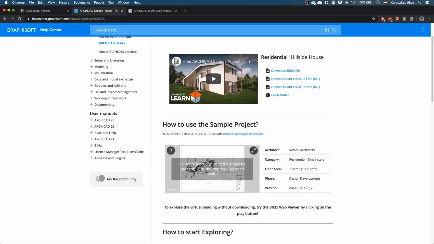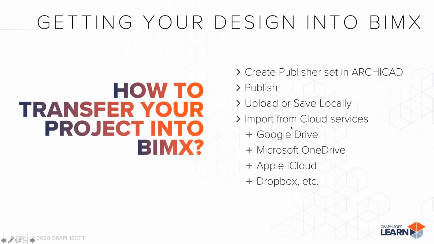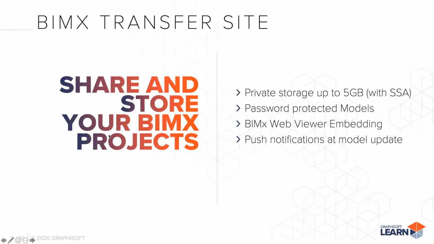Okay, so let's summarize what we've learned about the BIMx transfer site. It's a central hub where you can upload your projects directly from AutoCAD, or you can even upload them manually. For SSA customers, there's a private storage up to 5 gigabytes, and you can password protect your models. And the really important thing and the big advantage is that you can embed and show your models on different websites using the browser-based version of BIMx.